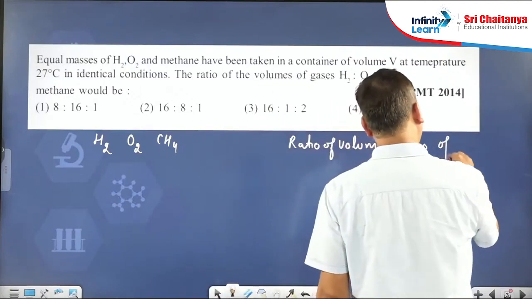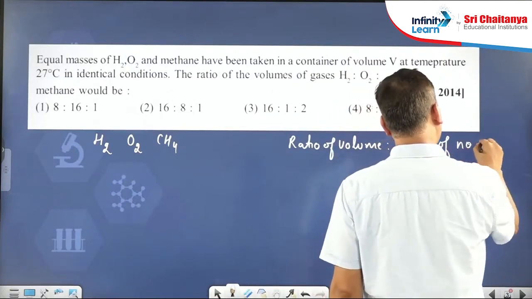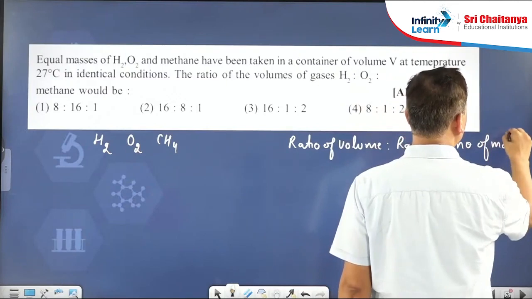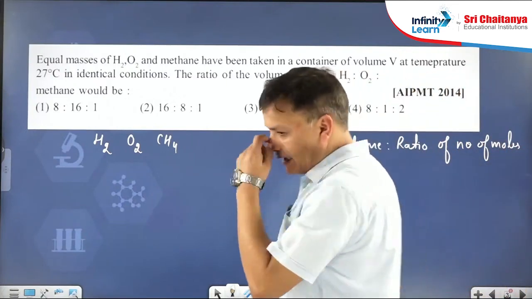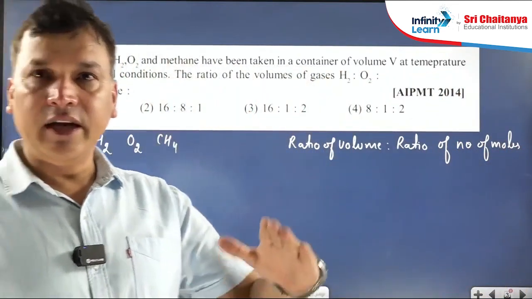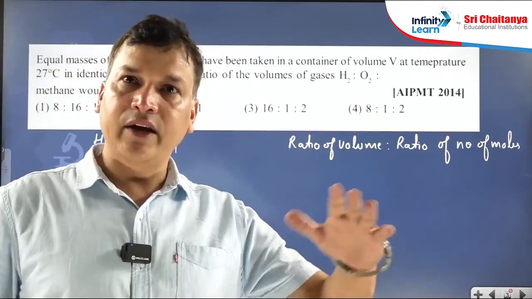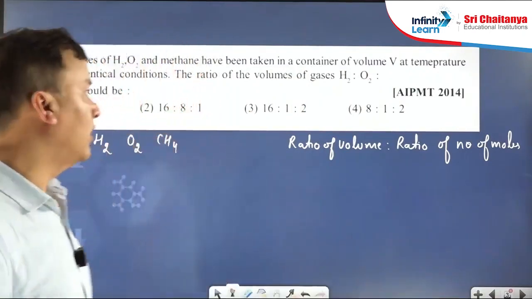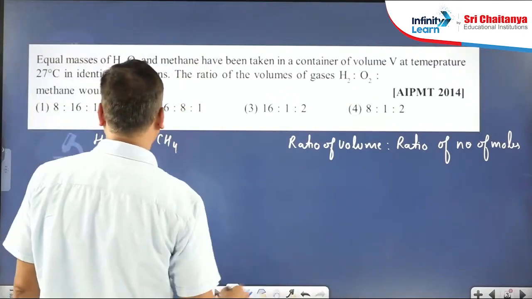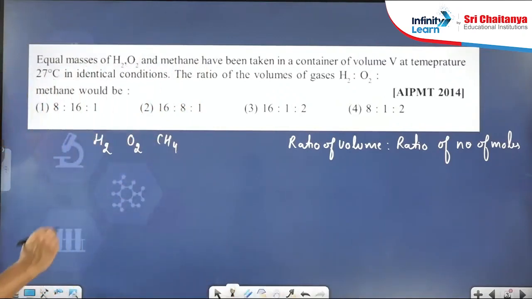Is that clear or not? What I'm saying is that for gases, the ratio of number of moles and the ratio of their volume is always the same. Now he is taking equal masses.